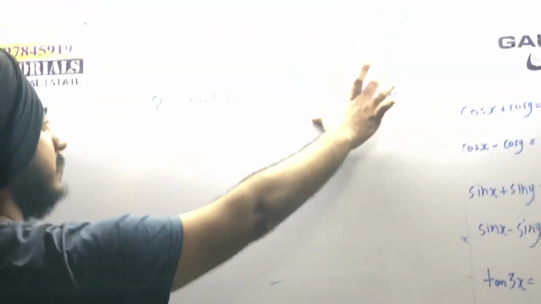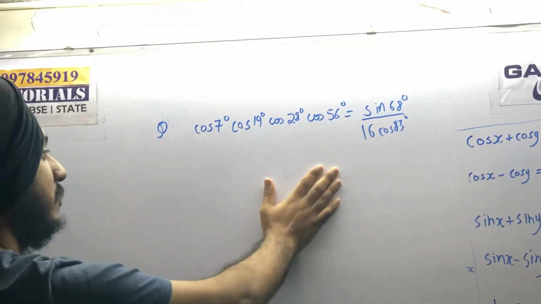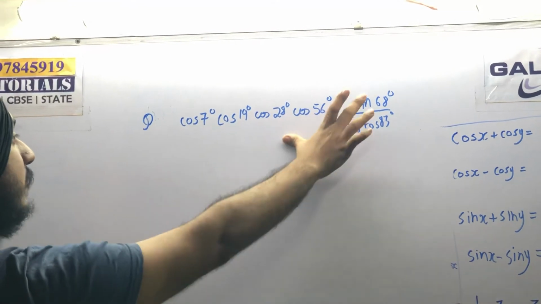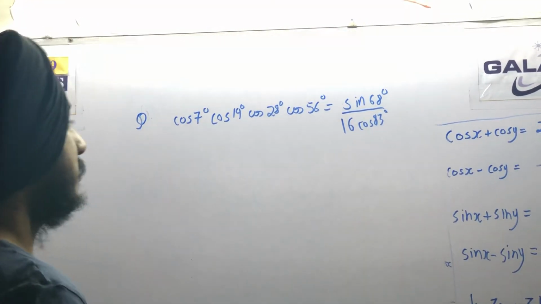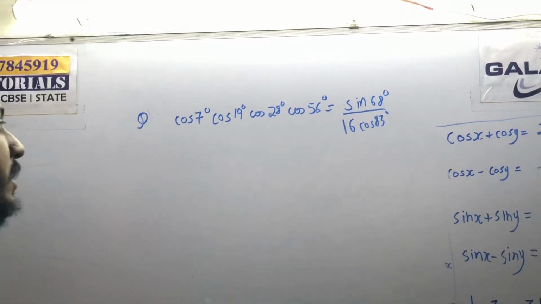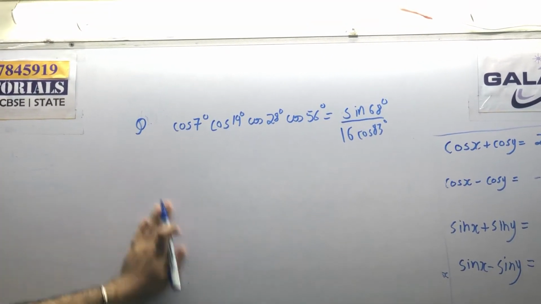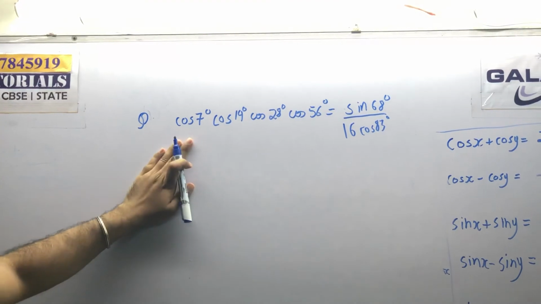On the right hand side you are seeing sine 68 upon cos 83, whatever. Somehow you have to convert all of this into this. What I can start with is, you are seeing here sine. First of all I have to make this compact because there are 4 terms being multiplied.